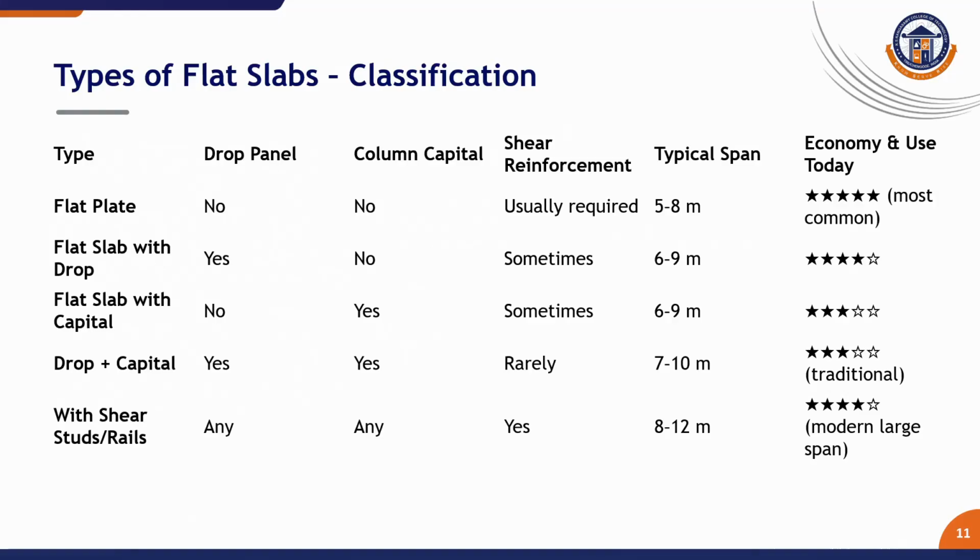Punching shear is the most critical design consideration. Typical thickness is 180 to 280 mm for spans of 5.5 to 8.5 meters as per IS 456. Minimum L by D ratio is L by 30 to L by 33 for longer spans.